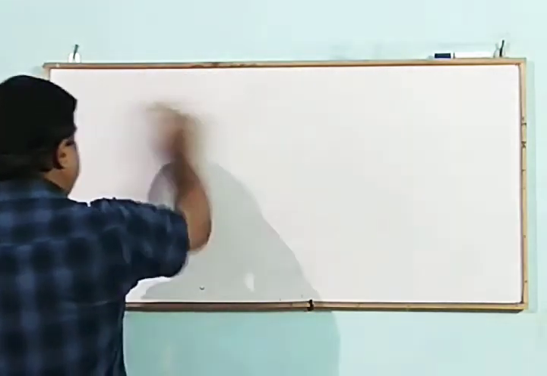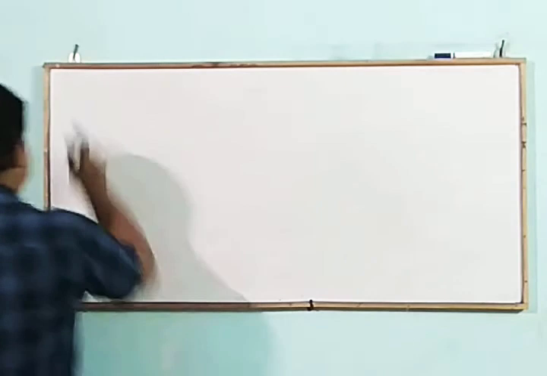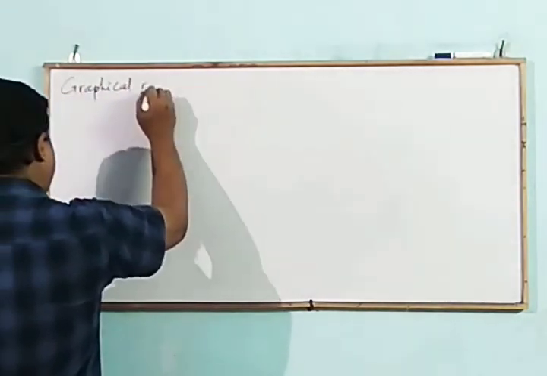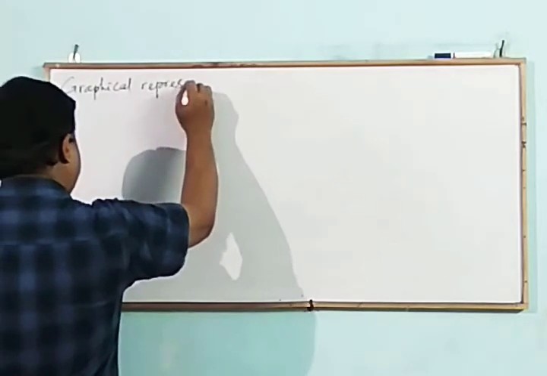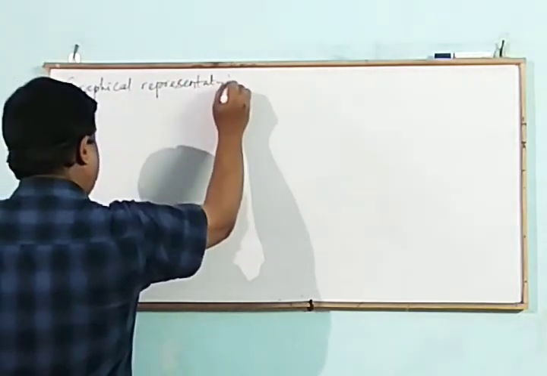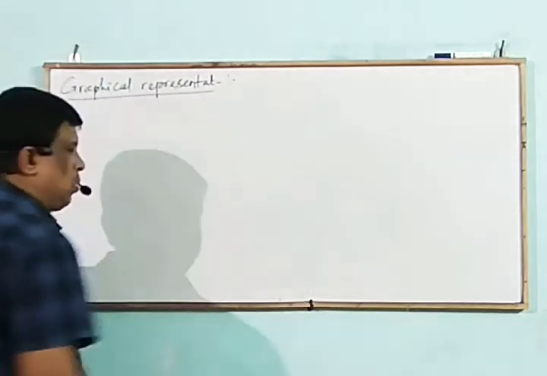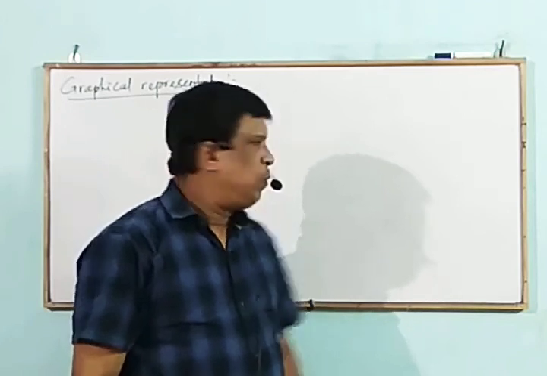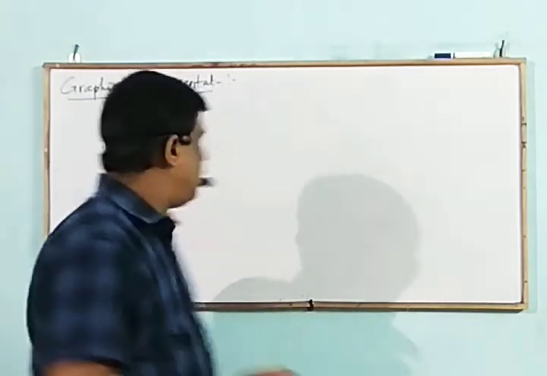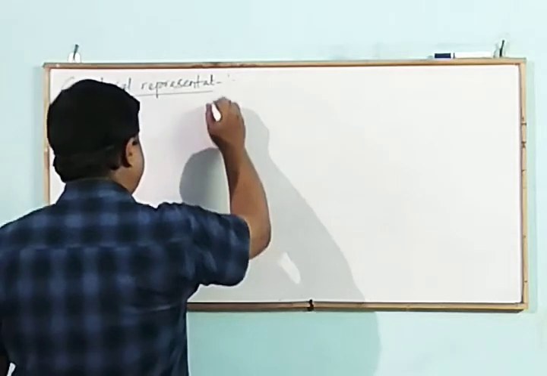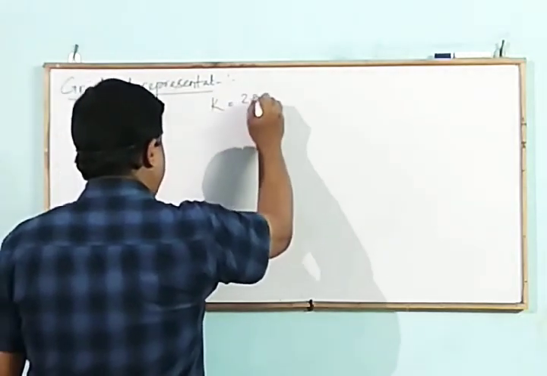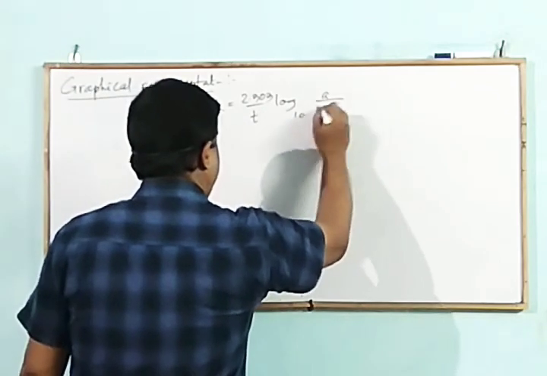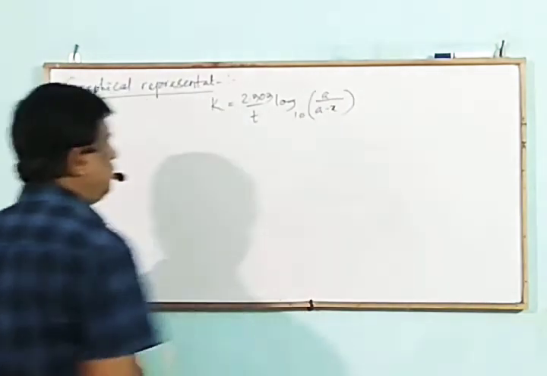Graphical representation to calculate the value of the rate constant for first order kinetics. Before going to that, I recap the equation again. What is the final equation? That is k is equal to 2.303 by t log base 10 a by a minus x.